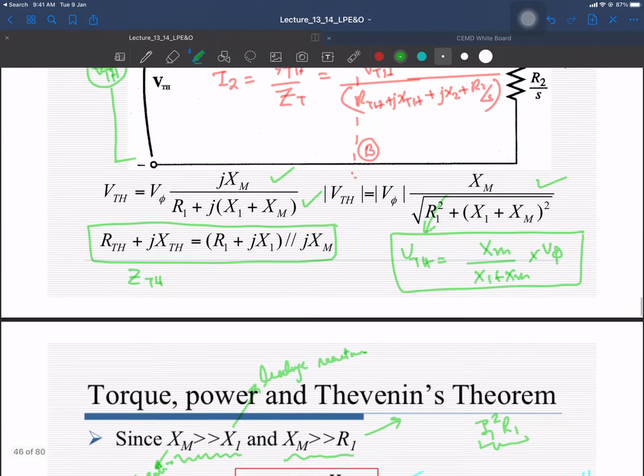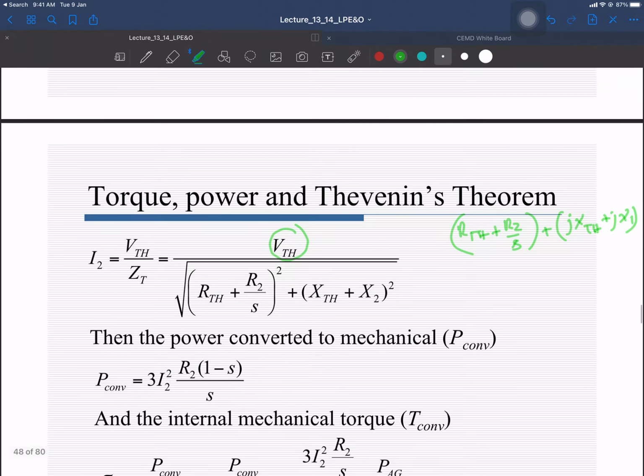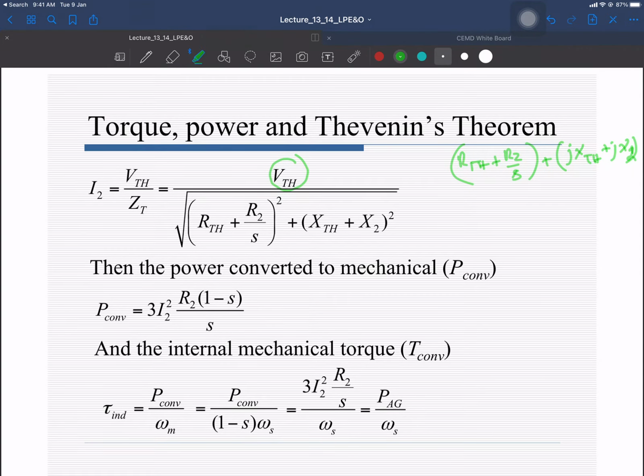So, that you can observe over here: R Thevenin, X Thevenin, X2 and R2. From here I can write that total impedance is R Thevenin plus R2 by S plus j times X Thevenin plus X2, right. So, how to write down in terms of magnitude?